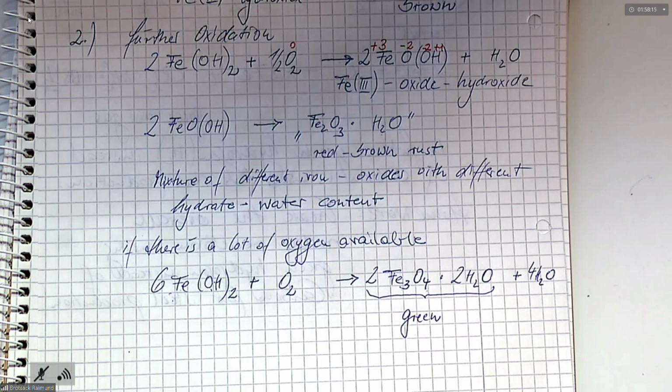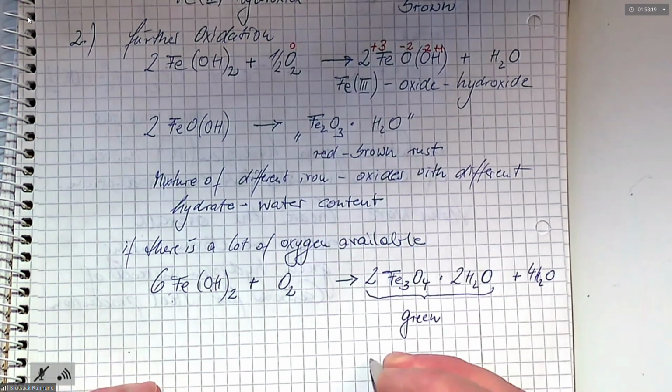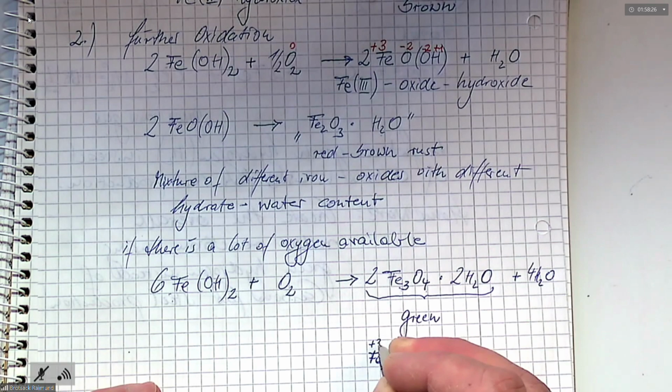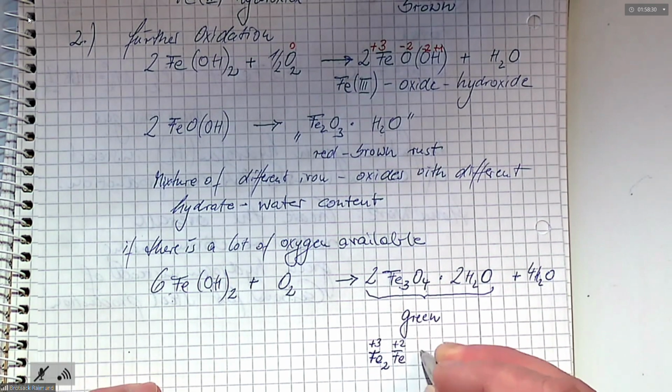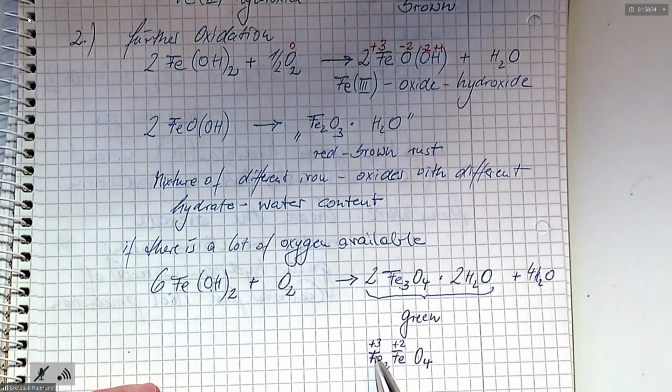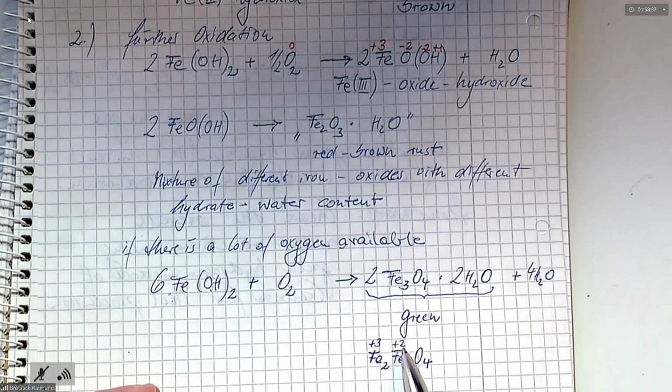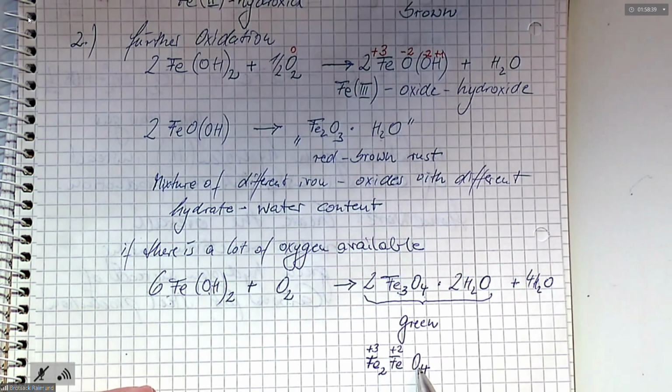This is a mixed oxide because we have Fe with 2 of them with plus 3, and an Fe with plus 2, and then O4. When you calculate, 2 times 3 is 6, plus 2 is 8, and here we have minus 8, so that works.